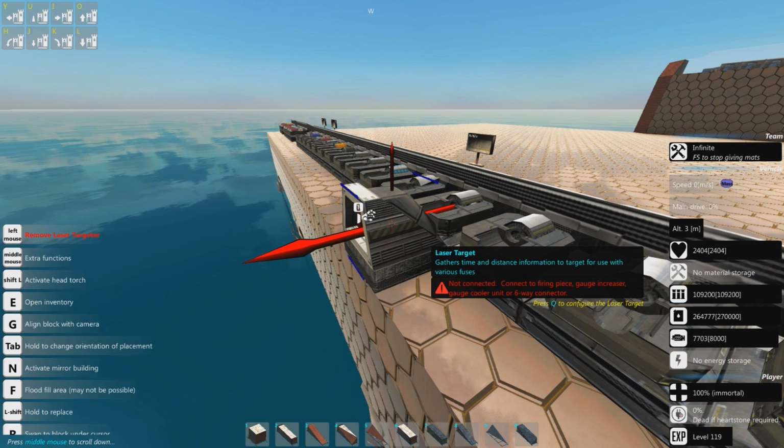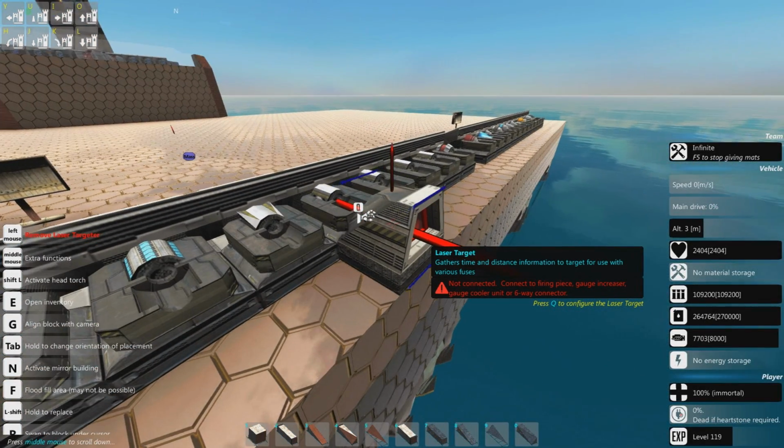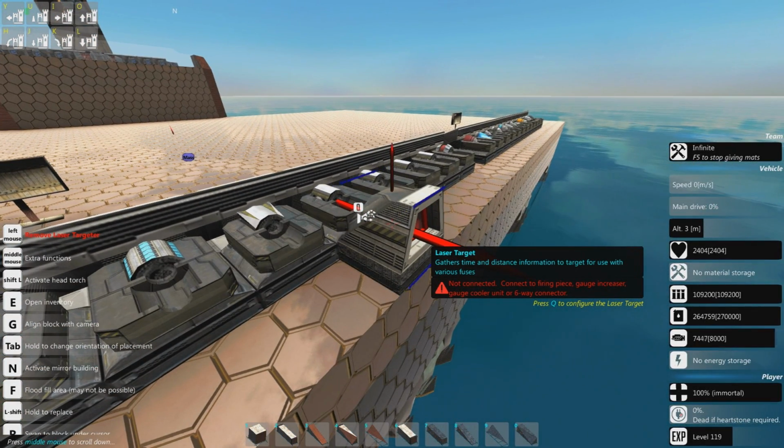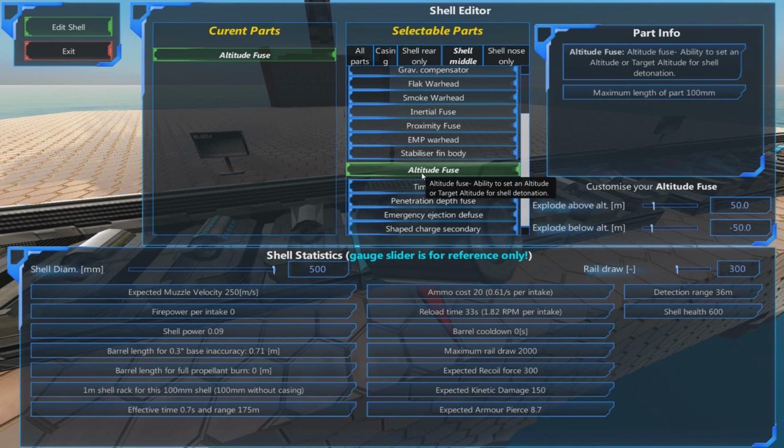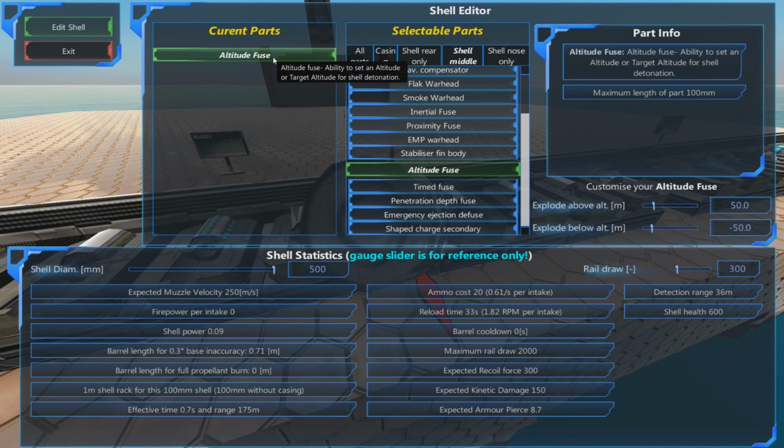So this works with timed fuses, which we'll talk about in a second, and it works with, what was I just talking about? Altitude fuses, right? So this is pretty darn good. Well, potentially at the very least, because it means that it only explodes at the altitude that the target is at, which means two things. Firstly, you can shoot at aircraft with this, and you can also potentially shoot at submarines.